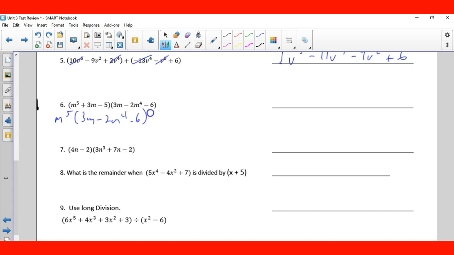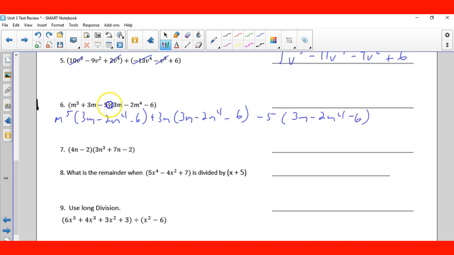Then you have plus 3m times 3m minus 2m to the 4th minus 6. And then you have negative 5 times 3m minus 2m to the 4th minus 6.